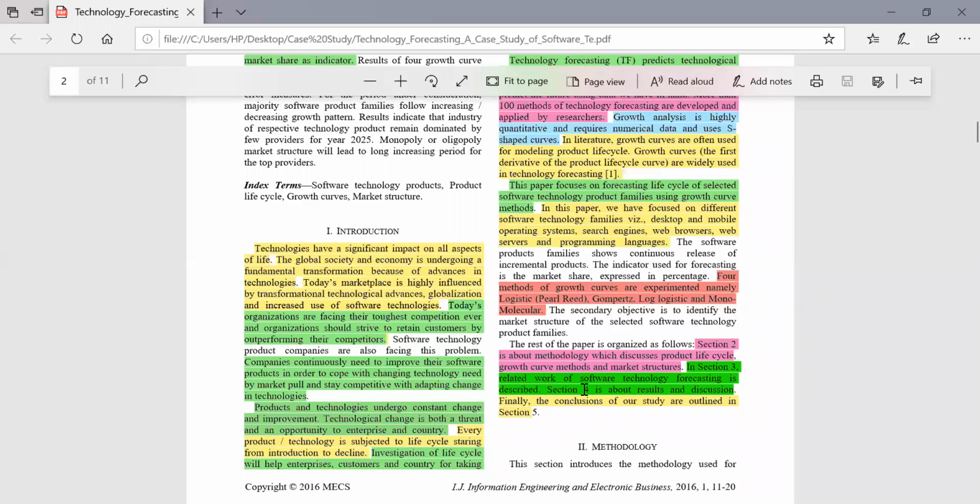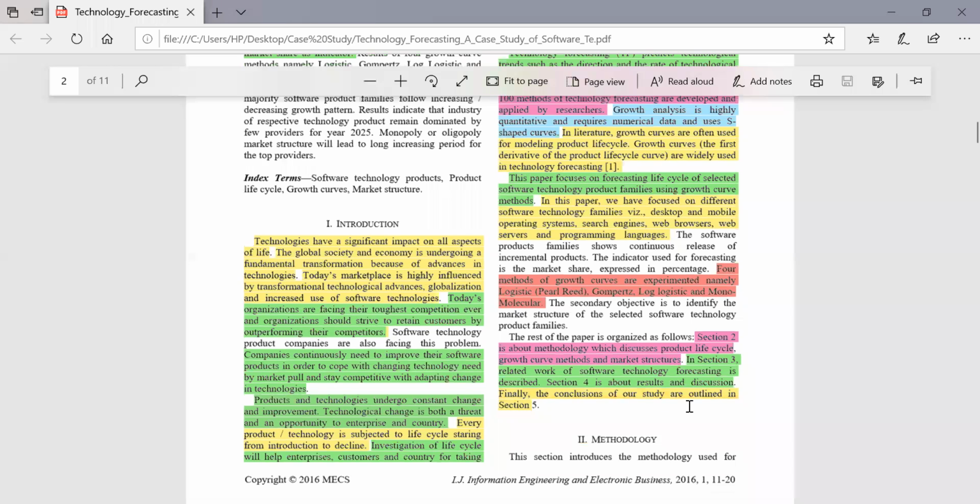Section 4 deals only with the results and discussion based on the implemented technology forecasting tools. And the last section provides the conclusion on the entire study, with a basic finalization of how the end should be, or any modification if needed. All those things will be mentioned in the conclusion part.